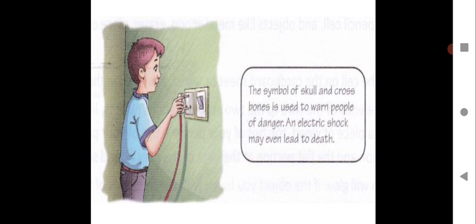That means that place has high voltage electricity being supplied to all the houses and commercial shops. So you have to be very careful where you see this sign of danger, because it shows high voltage electricity which can be very, very dangerous to you.